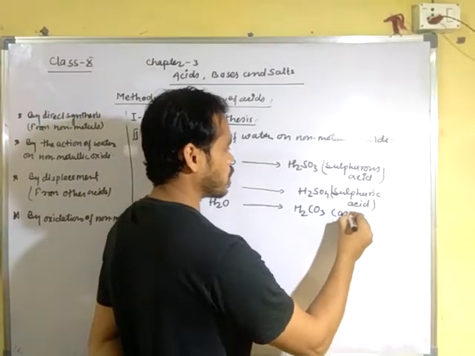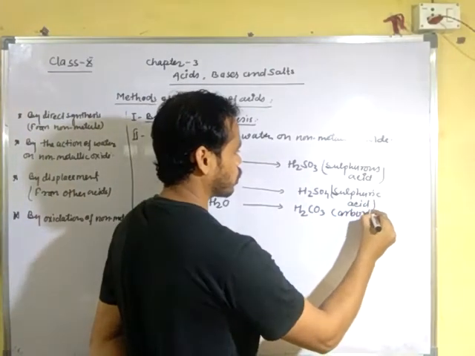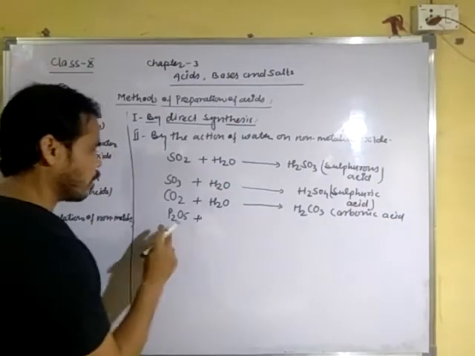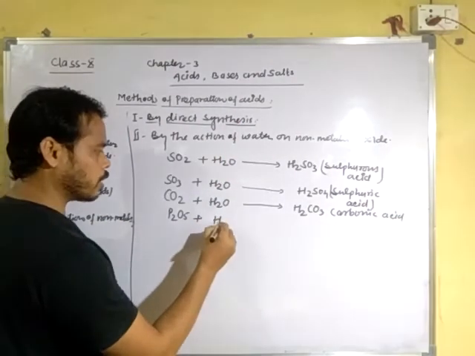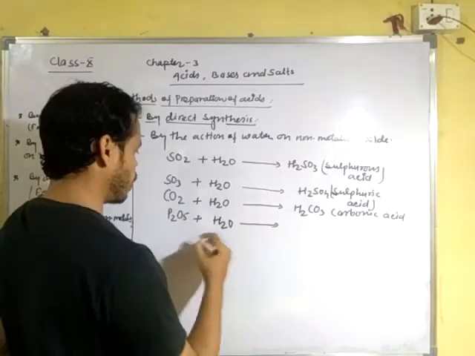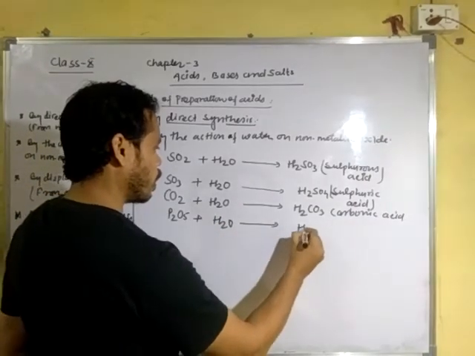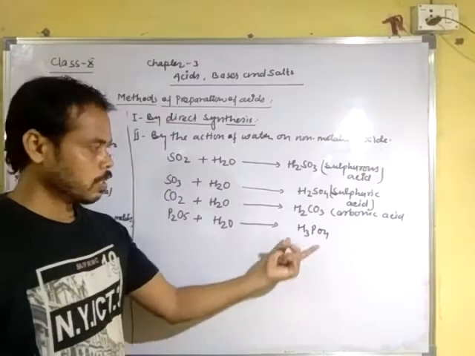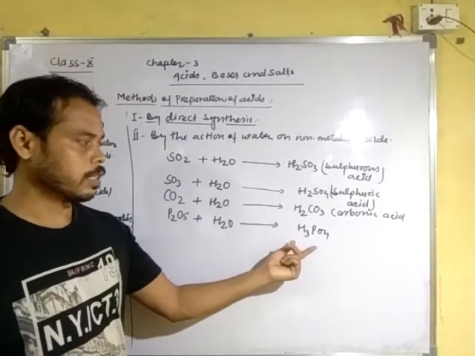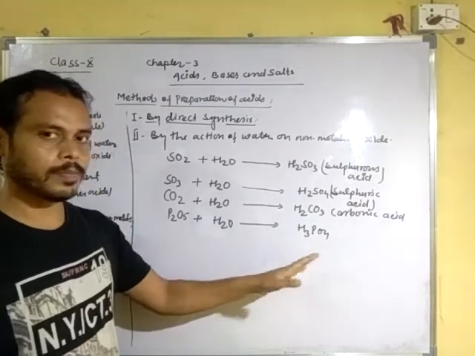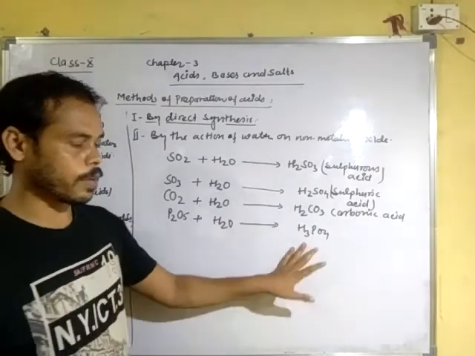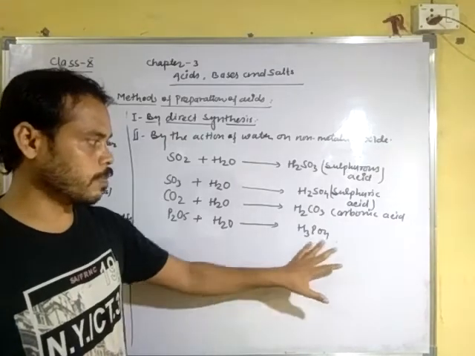Next, when phosphorus pentoxide is treated with water, it forms phosphoric acid, H3PO4. We studied phosphoric acid in the last video; its formula is H3PO4.